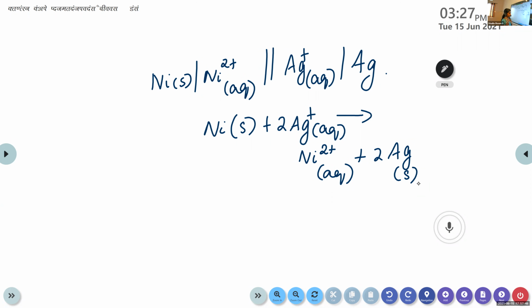Then write the Nernst equation. E cell, that is equal to... finished.